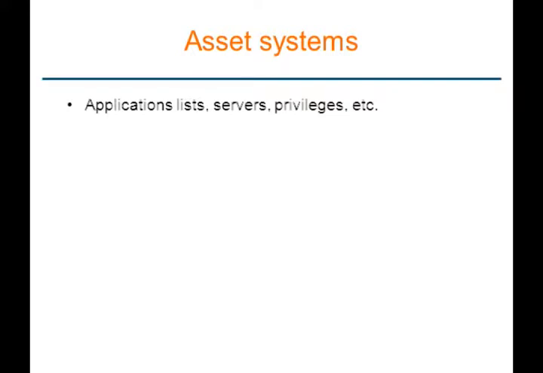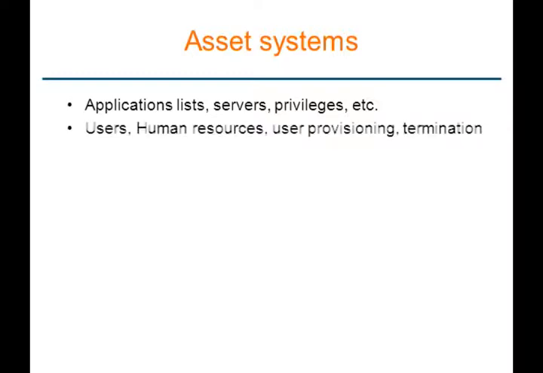We now discuss the asset systems as the last middleware function. And this is where we are asking the institution, do we know what the list of our applications are? Do we know the list of our servers? The list of our users and their privileges? If I go with the users as a concept, you have to have a system in which human resources provides that data, and you have to accommodate multiple human resources perhaps.